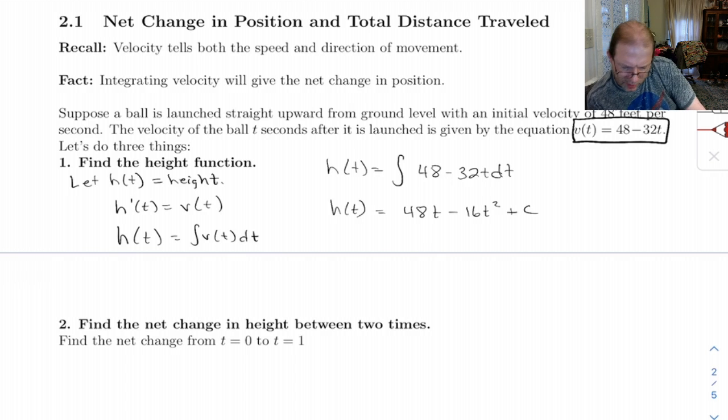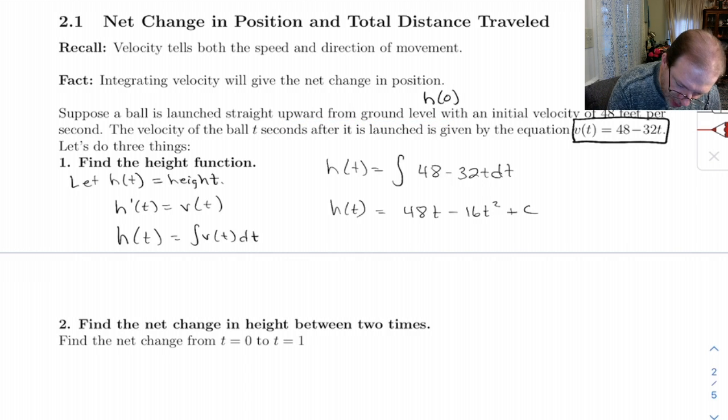Can we figure that out? Well, the problem does give us a little bit of information. It says it's launched upward from ground level. So from ground level, that means that in the beginning of this problem, t is 0. And since it's at ground level, the height is 0. So we could use that to plug in down here and solve. This would give us c equals 0.